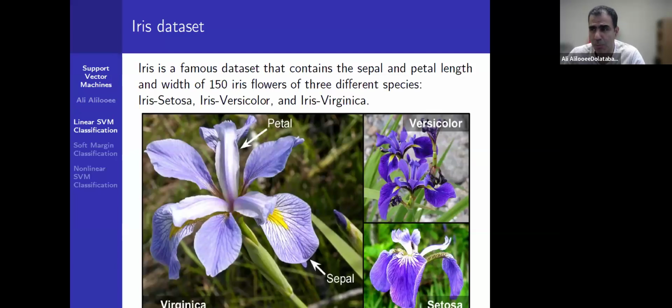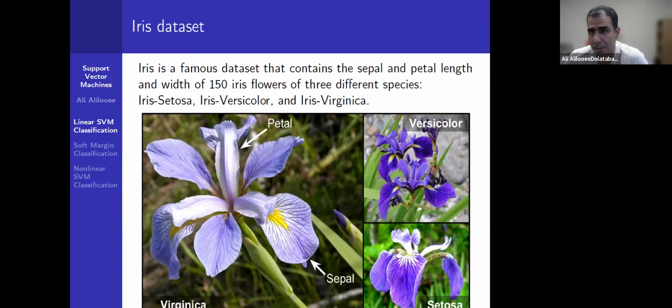The Iris dataset is one dataset that we will use in this class for some homework, so I want to explain a little bit about it. Iris is a famous dataset that can be loaded in Python, and I will explain how this week.